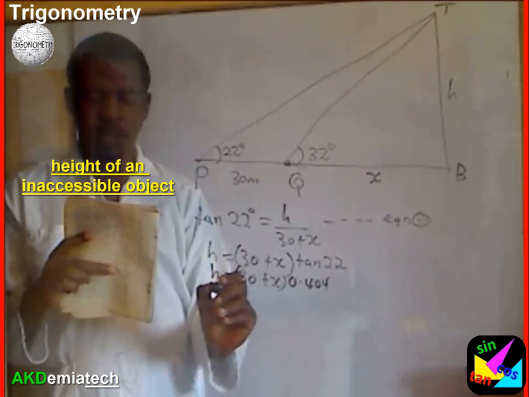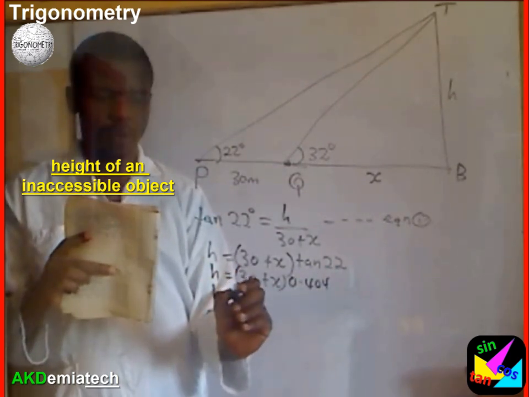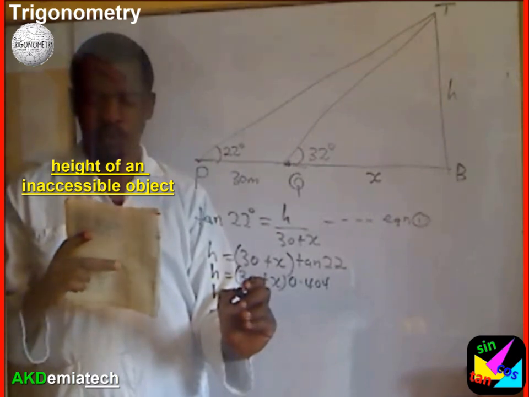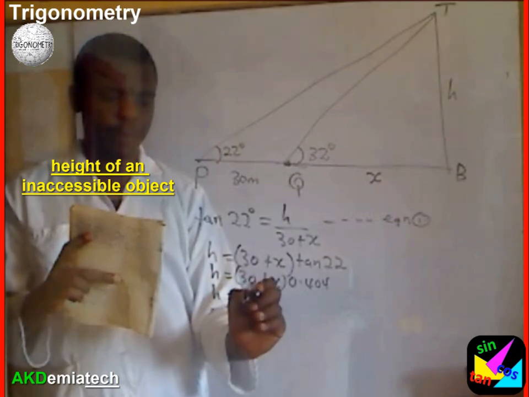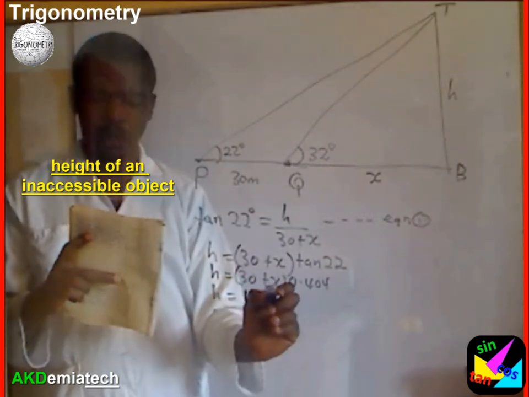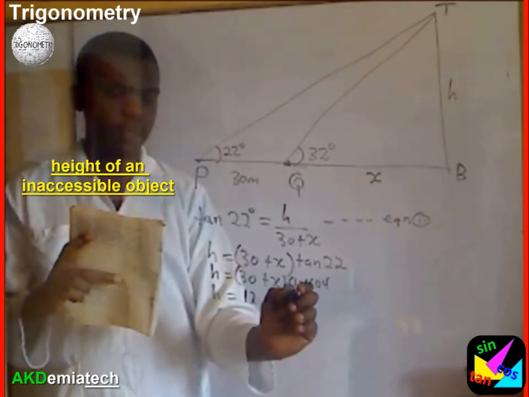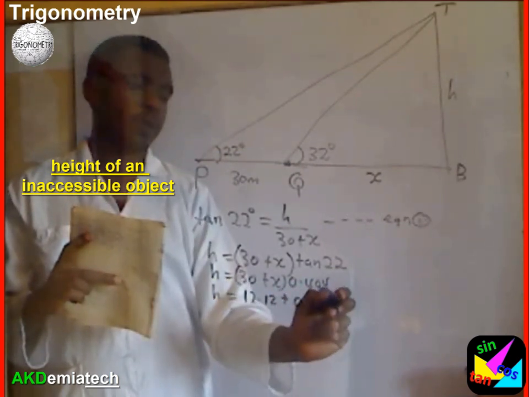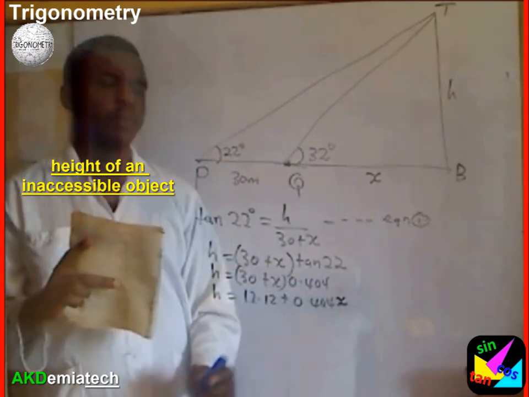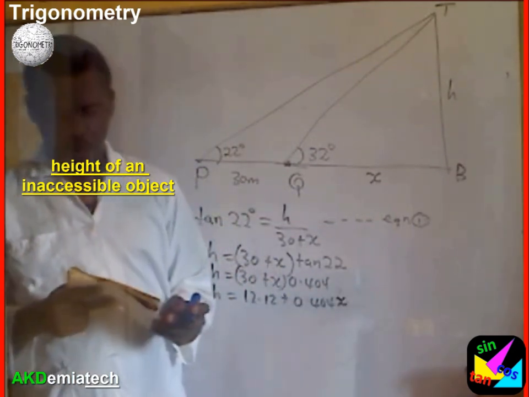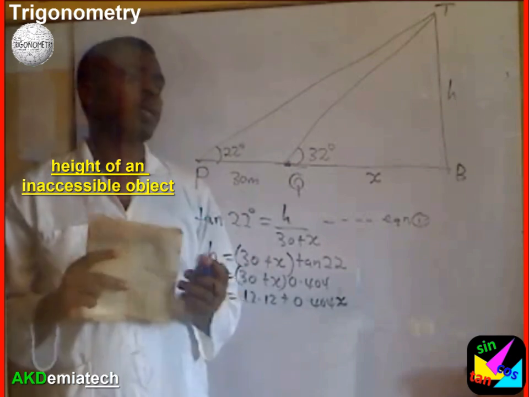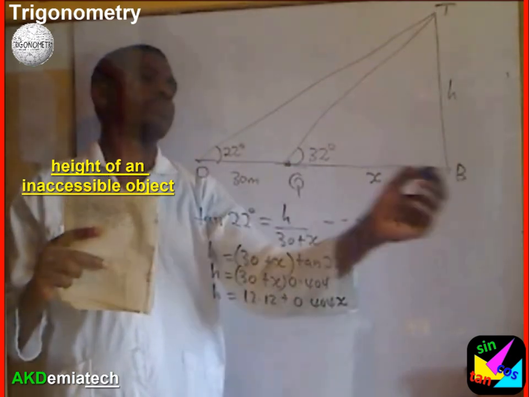This gives us h is equal to 12.12 plus 0.404x. This is equation 1. Now, let's consider the smaller triangle.